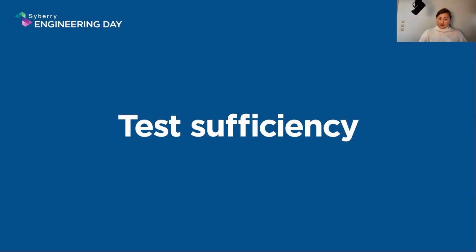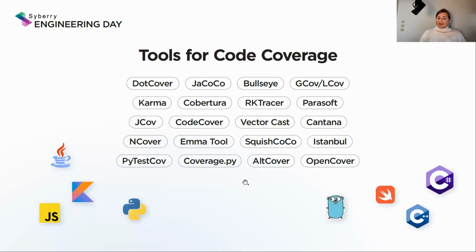The first one would be code coverage. With the help of code coverage, we can measure to which extent the main code is exercised by automated tests. In the industry, there are plenty of tools which could do this job for you, for example Jacoco, Cobertura, SonarQube, and much more. You can see some of them on the screen, but for sure there are many more.